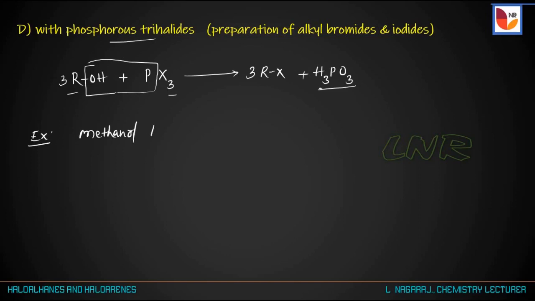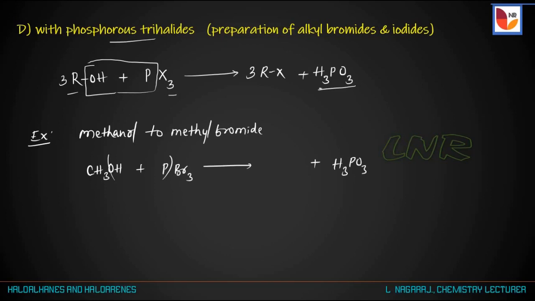So methanol is to be converted into methyl bromide, that is CH3OH reacts with the PBr3, phosphorus tribromide, so the eliminated product is H3PO3 and the main product is CH3Br, and it is 3 moles and it is 3 moles.